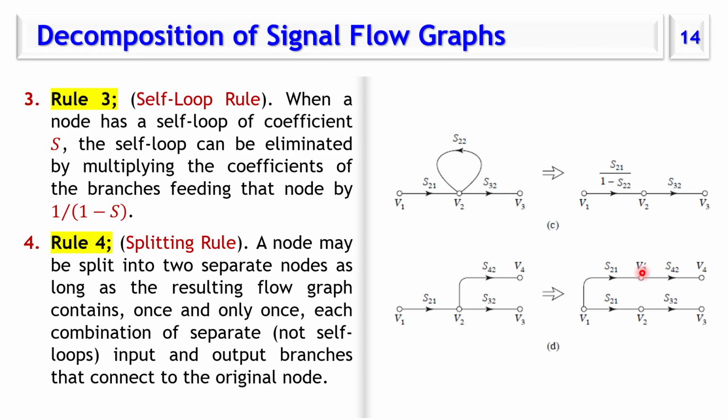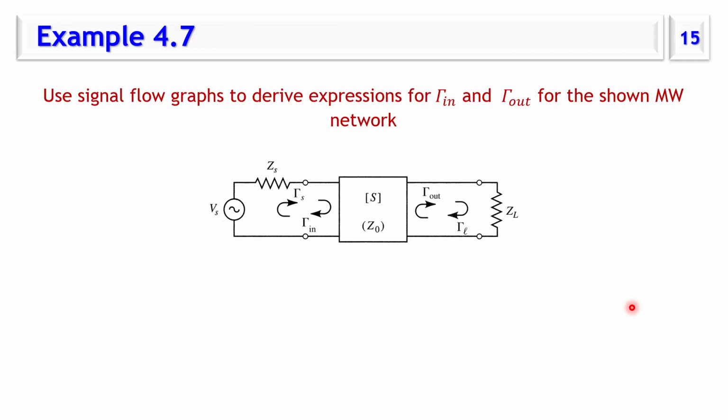So we can introduce a node to resolve the splitting. We can use any combination or sequence of those rules to simplify the signal flow graph, as we're going to see in the exercise now.